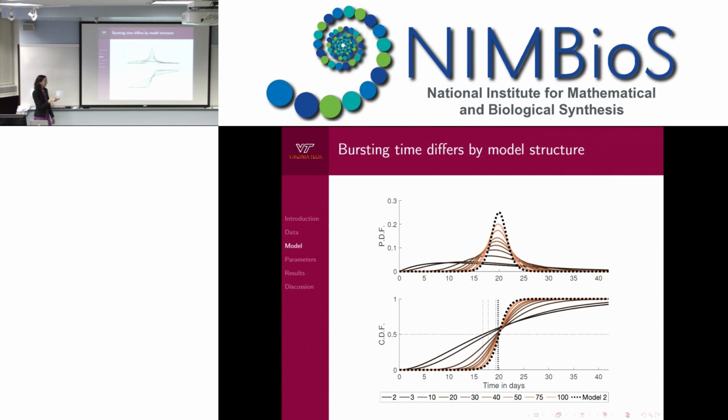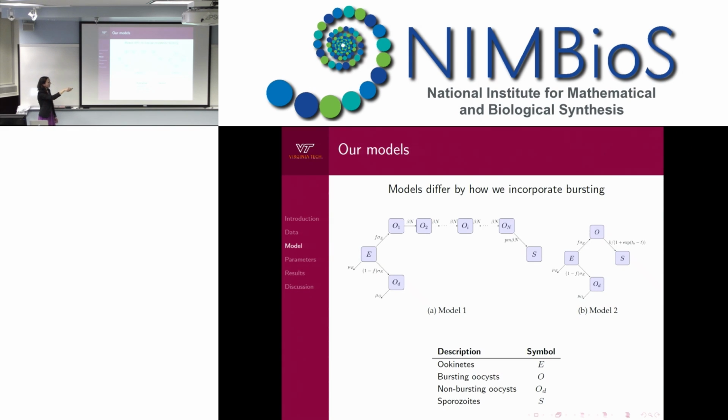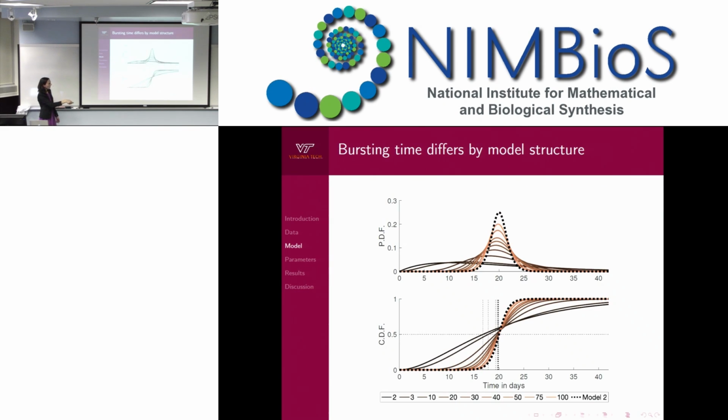As the solid lines go from darker to lighter, this is keeping track of the number of compartments, N. We're going from 2 all the way out to 100, and you'll notice that as we increase the number of compartments, we're able to approximate that time-dependent bursting function even better, although it's never identical.